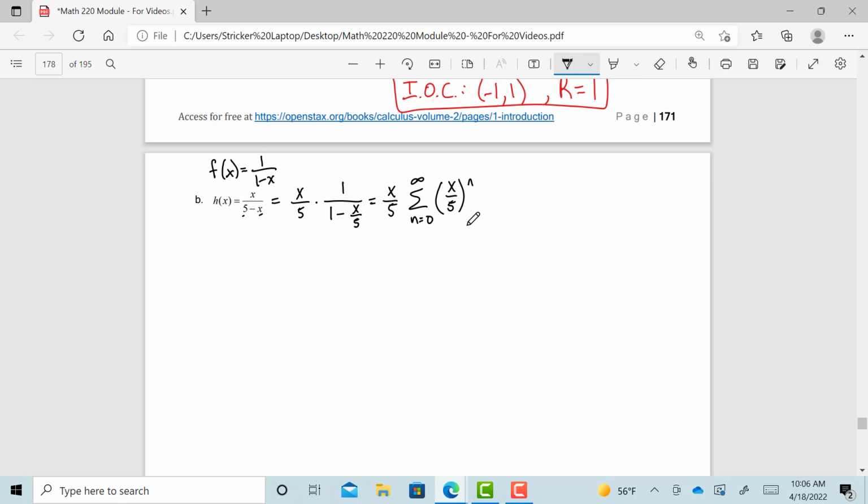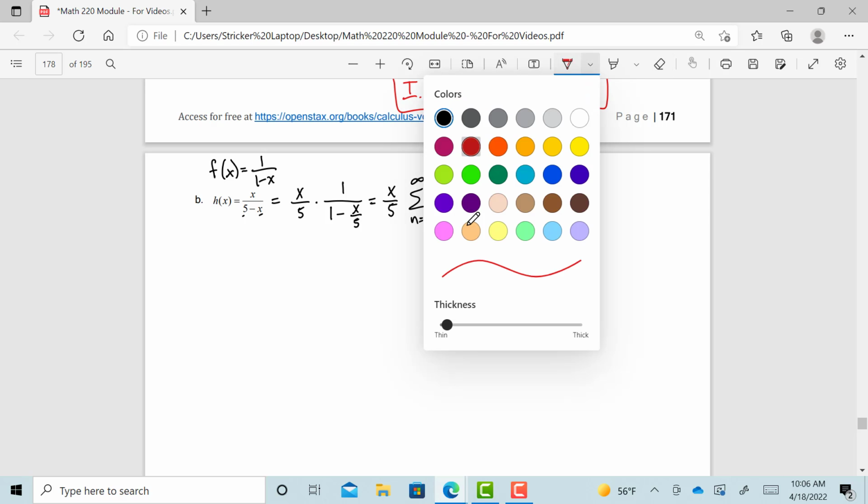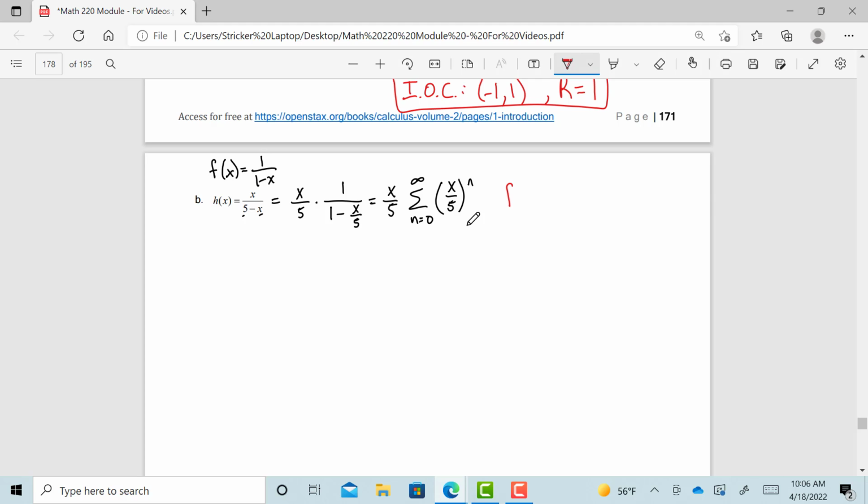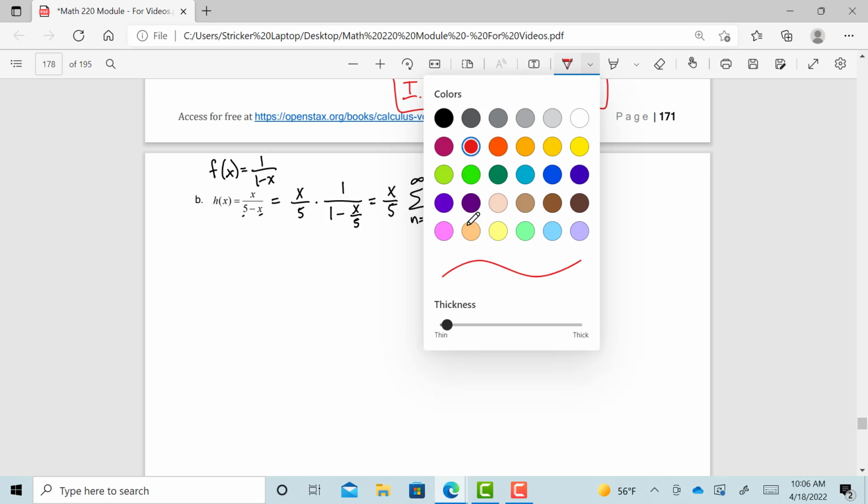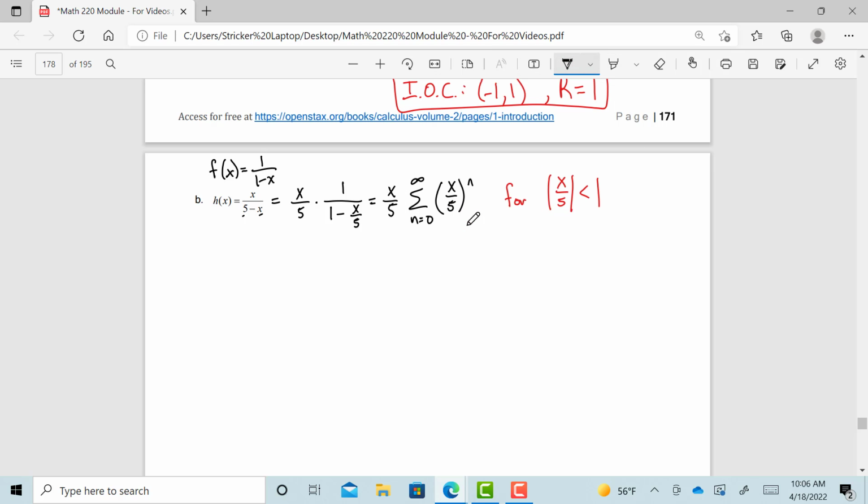for what values of x? For absolute value of x over 5 less than 1. That's our r, right? As long as that r is less than 1, it's going to converge. And so go ahead and simplify here. We have x over 5, then we have x to the n over 5 to the n.